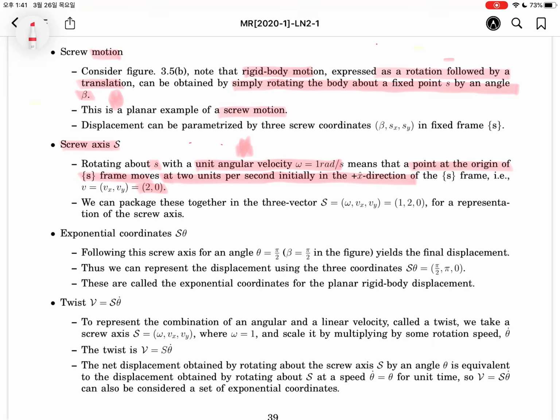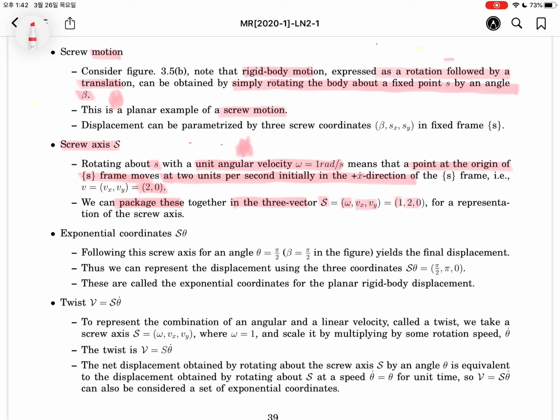Actually, this is a virtual velocity, not actual. We can package these two notations in a three-vector: omega, Vx and Vy. As per the assumption, the angular velocity will be 1 all the time, together with the linear velocity of the origin of the space frame. Then we can define the screw axis.